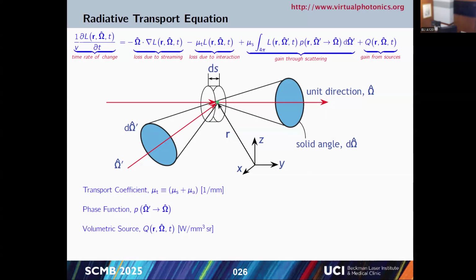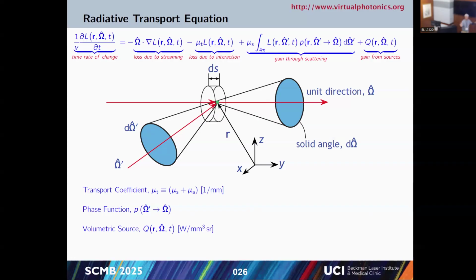So this is the spatial gradient, the local spatial gradient of the light field. And a gradient, as you know, is a vector, right? It gives you the spatial variation of light. But we're only interested in the variation along omega. So we take the dot product of this gradient onto the direction that we want, okay? And so this is the loss of light, it's negative, loss of light due to streaming or due to propagation away from that location, okay?